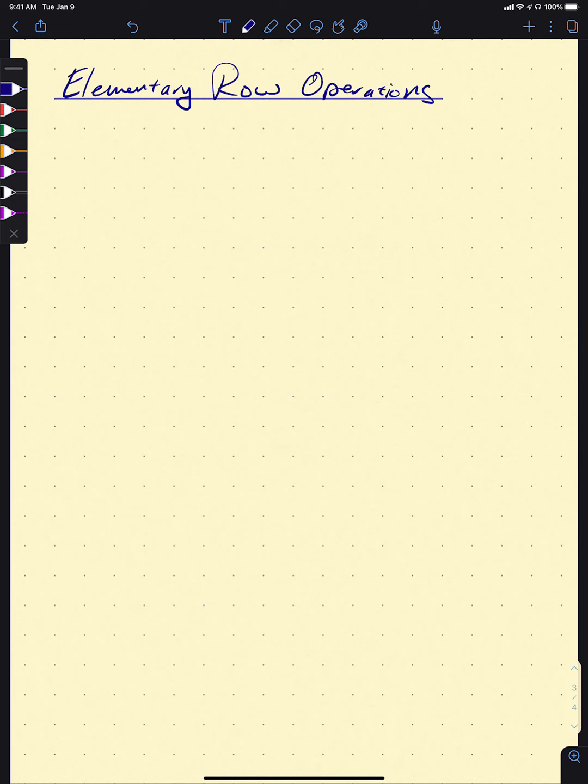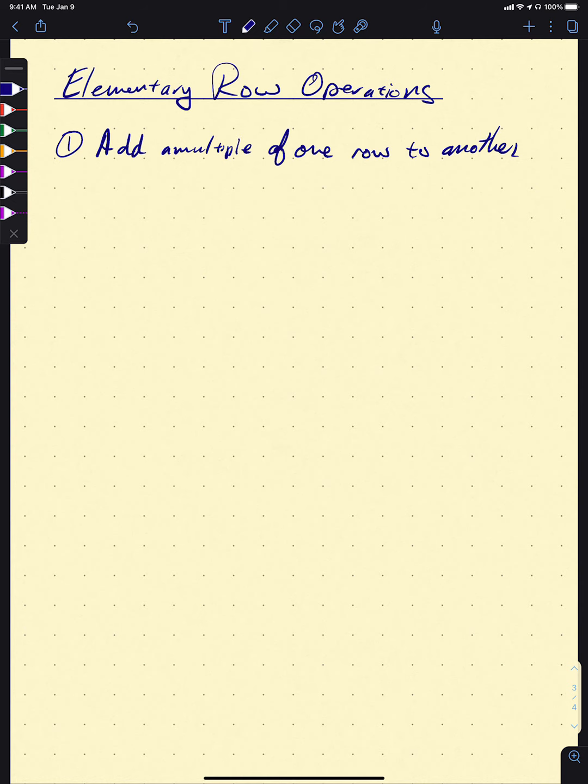Okay, there are three elementary row operations, and they are analogs of the steps that we used in the last lecture to simplify our equations. Okay, they're just now written as a thing that can be done to matrices. And as we saw with looking at these equations, they will keep our system consistent. Okay, so here are the three elementary row operations. Number one, you can add a multiple of one row to another, right?